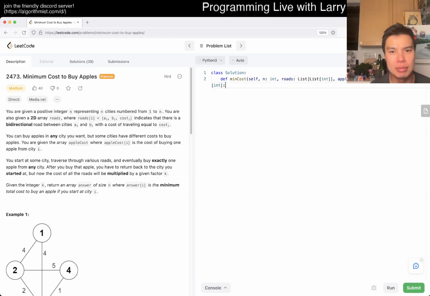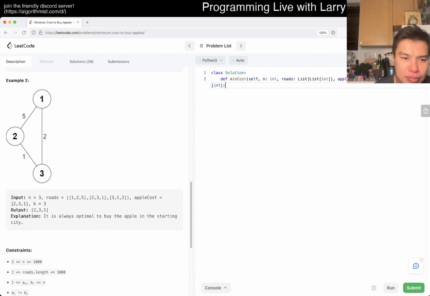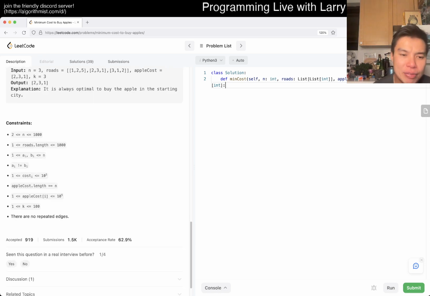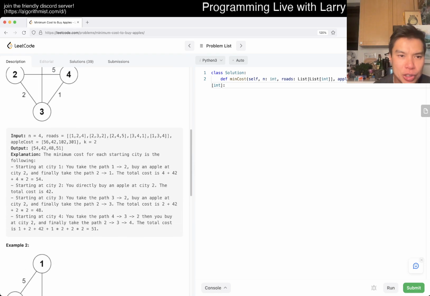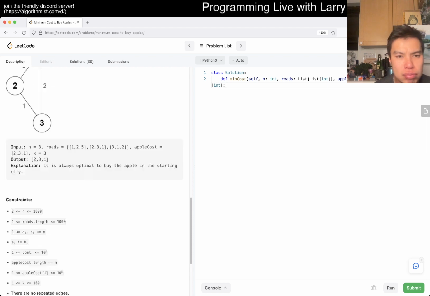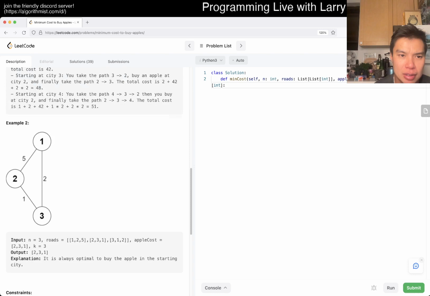Bi-directional road. Okay, let me think. How do we get... I mean, I think a naive reading of this is that we just do the shortest path, right? But it would take V cubed to get all pairs shortest path.